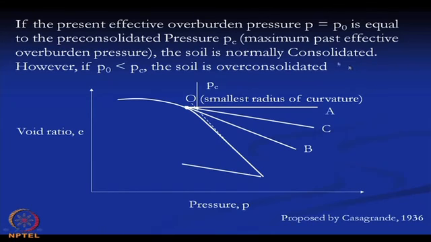If P0, the present effective overburden pressure, is less than PC, the past effective overburden pressure, then that soil is called over consolidated soil. So, this way from this e versus log P curve we can also determine the PC value.